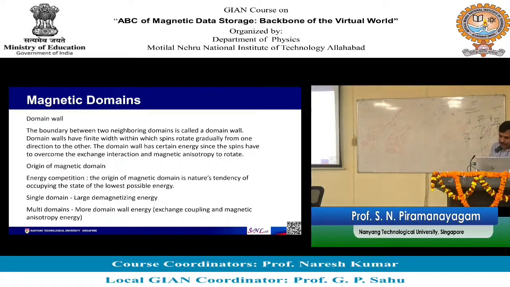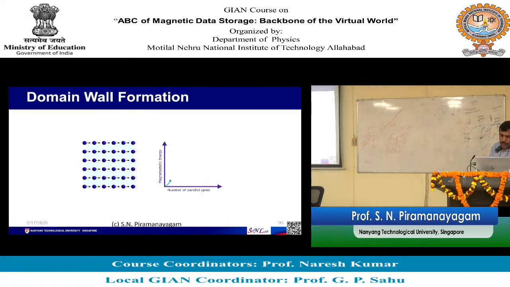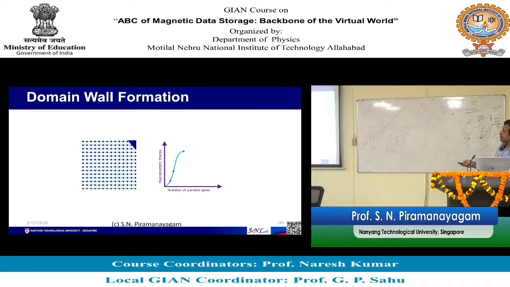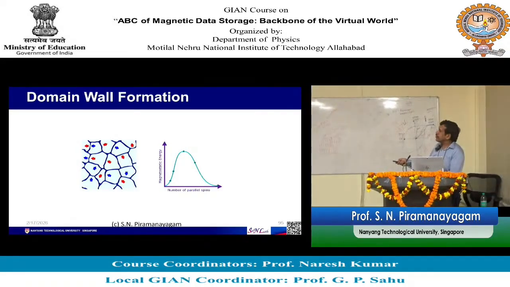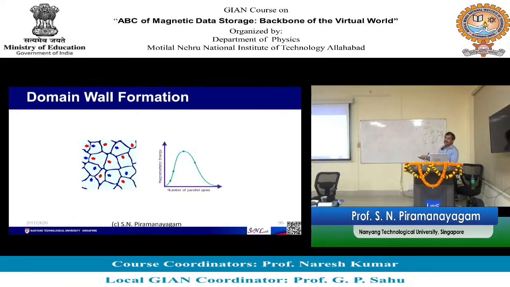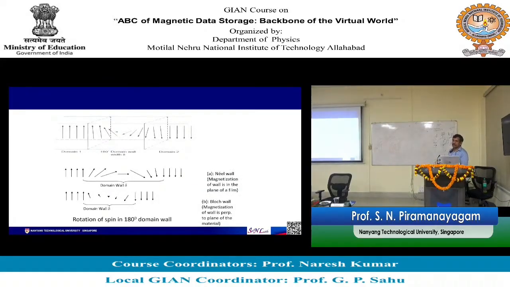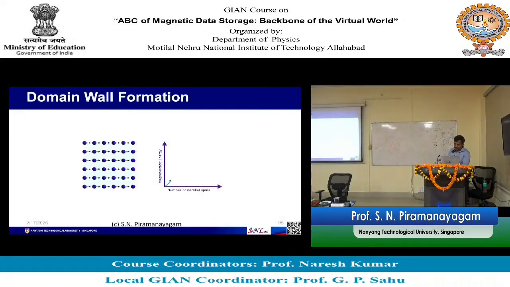So this is one reason why the domains are formed. Okay. So, in this video you see that we are forming a magnetic material, many spins are parallel to each other, then magnetostatic energy gets larger. But if the system breaks into many domains, the magnetostatic energy becomes minimum. Okay. So, this is the reason why systems tend to form domains.